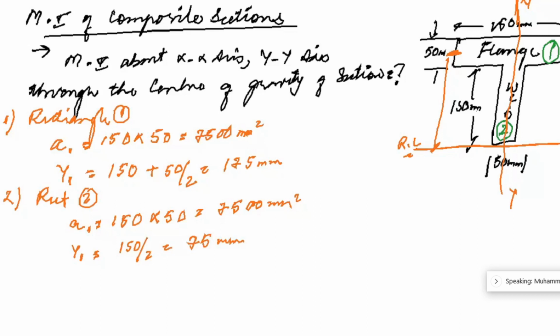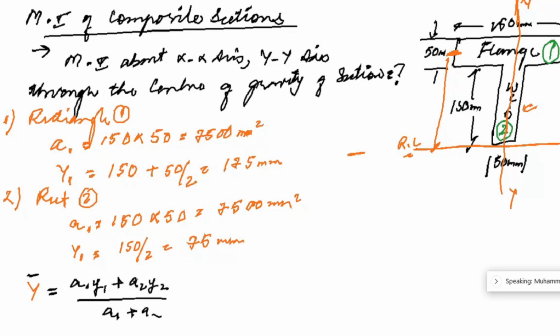Now what we want to know is the center of gravity, the distance between the center of gravity of the section and the bottom of the web. This is now your web, right? That will be calculated by y bar, which is (A1 y1 plus A2 y2) divided by (A1 plus A2).